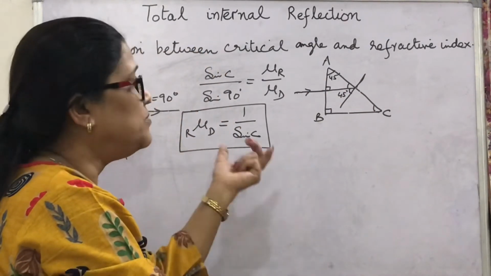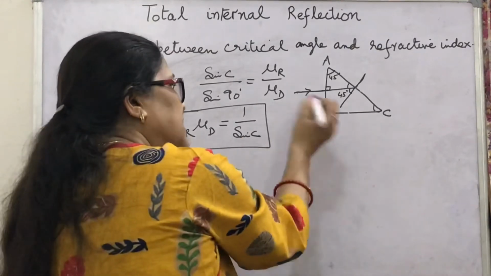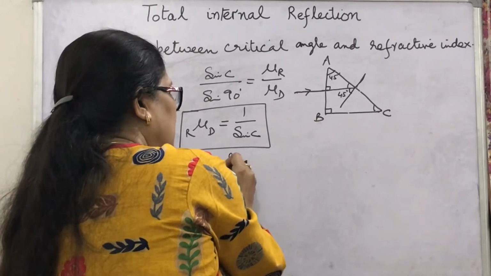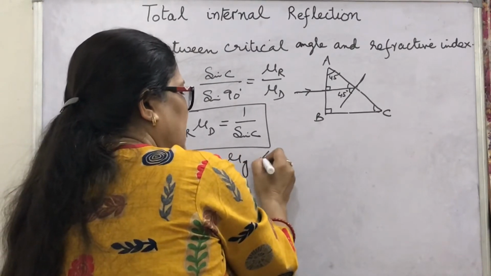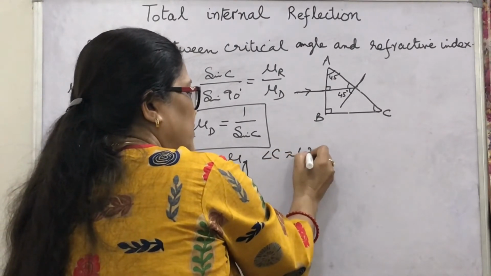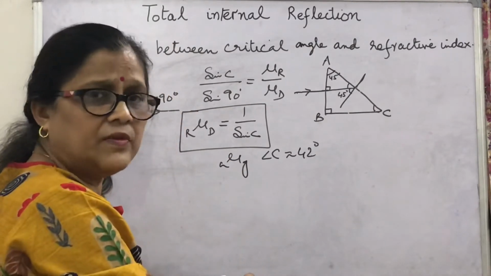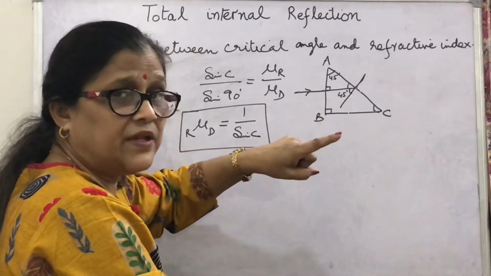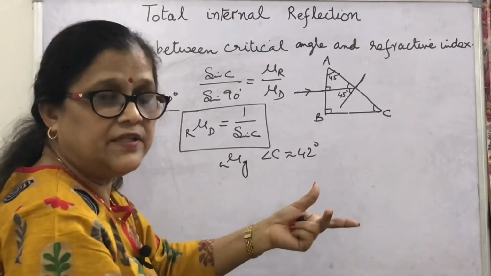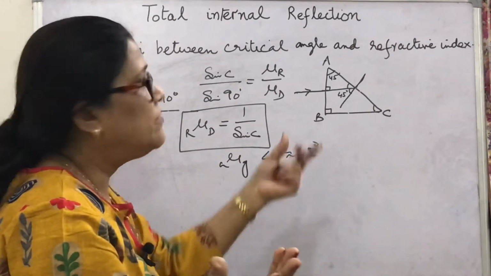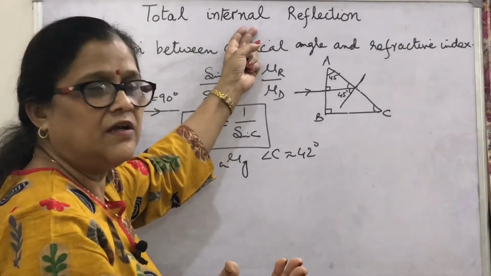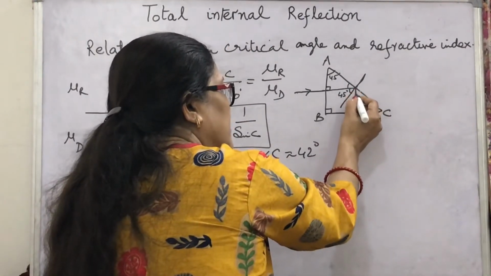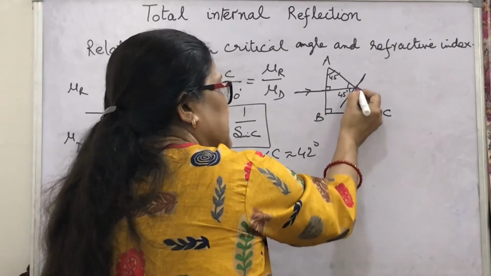It has been observed that for the glass-air interface, the critical angle for glass is about 42 degrees. Here the angle of incidence is 45 degrees, so the angle of incidence is greater than the critical angle. Which phenomenon will take place? TIR. Following the rules of reflection, it will reflect from this point.